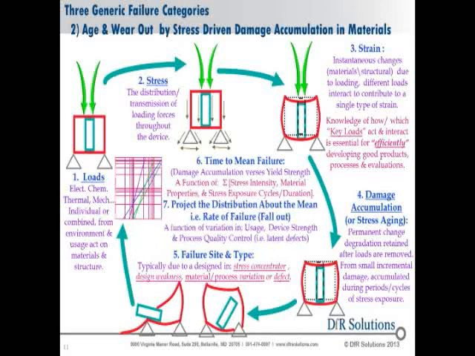Now, if we understand all of this reaction, it allows us to predict a mean time to failure for a category of devices under various types of stress conditions. And because we have again been studying our physics of failure, developing forensic signatures, we also understand the kind of distributions about the mean of various types of failures.